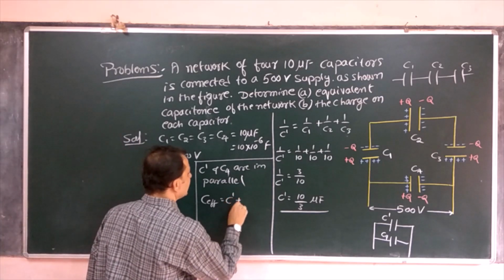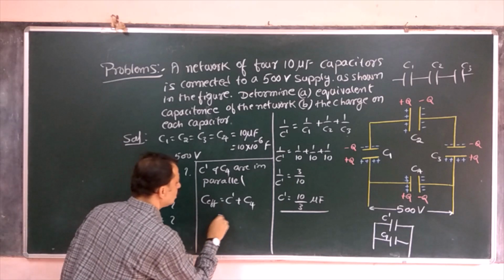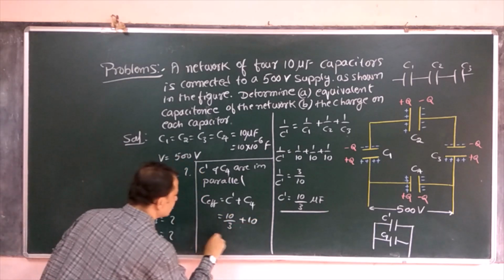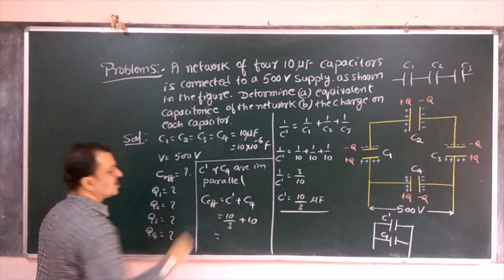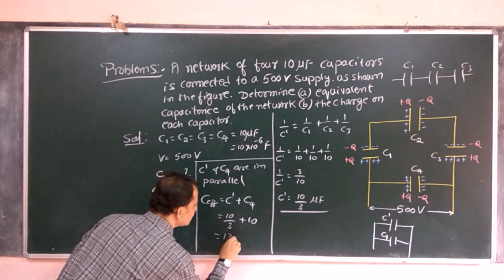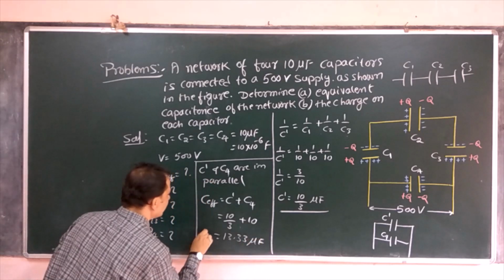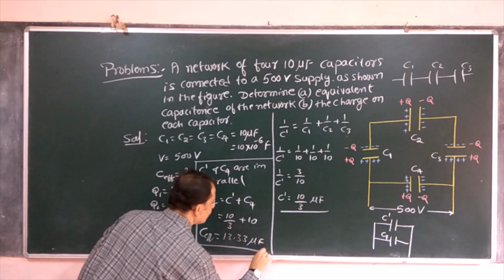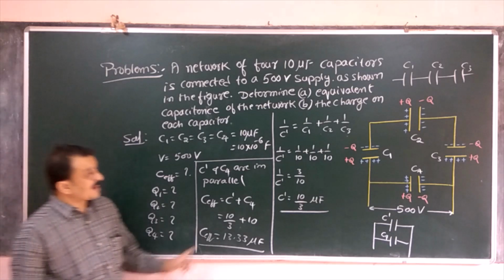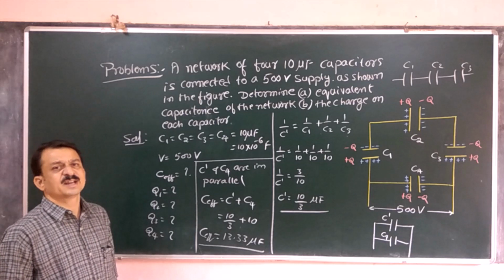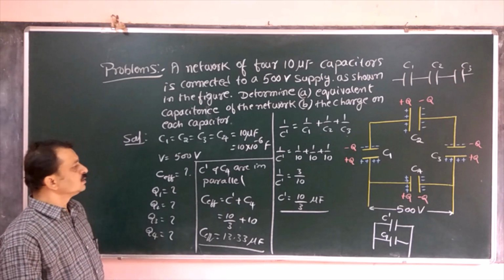That is C dash plus C4, that is 10 by 3 plus 10, where 10 by 3 is 3.33. Therefore, it is 13.33 microfarad. Therefore, the effective capacitance of this network is 13.33 microfarad.